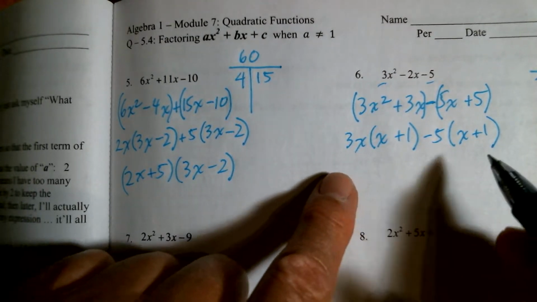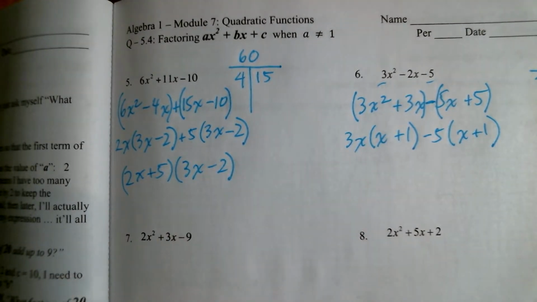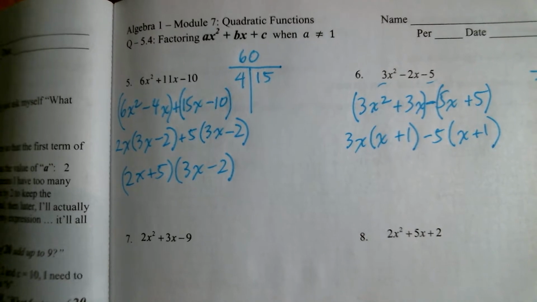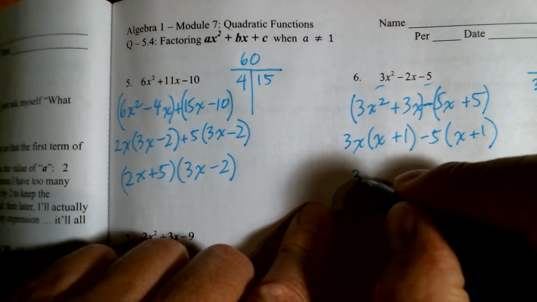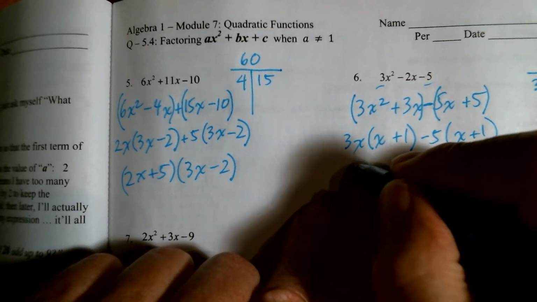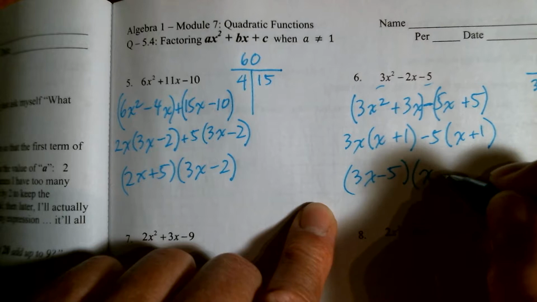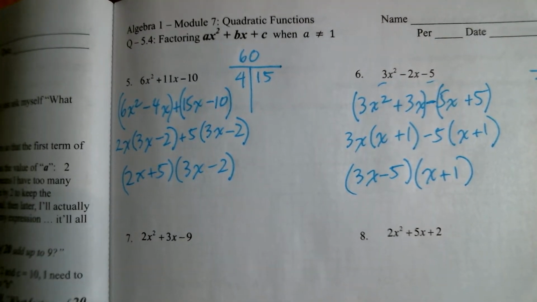Now we can group them. Reverse distributive property. Let's use that. And then the x plus 1. Okay, we're done there. Okay.